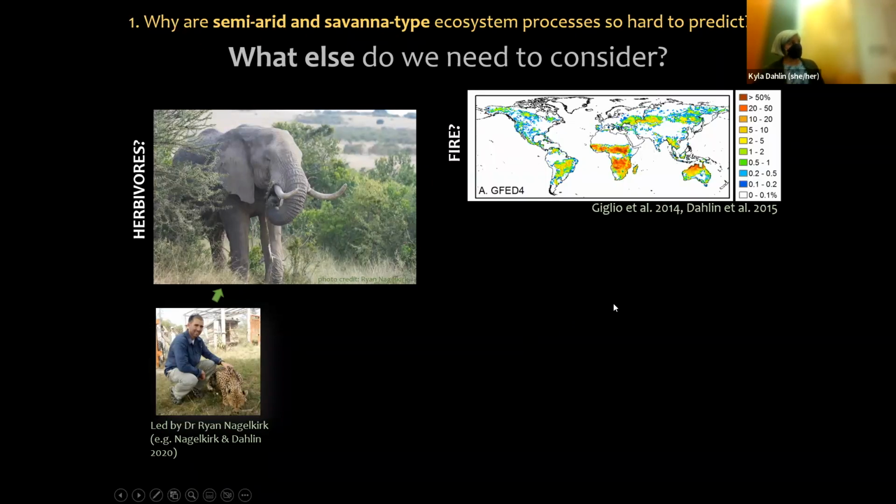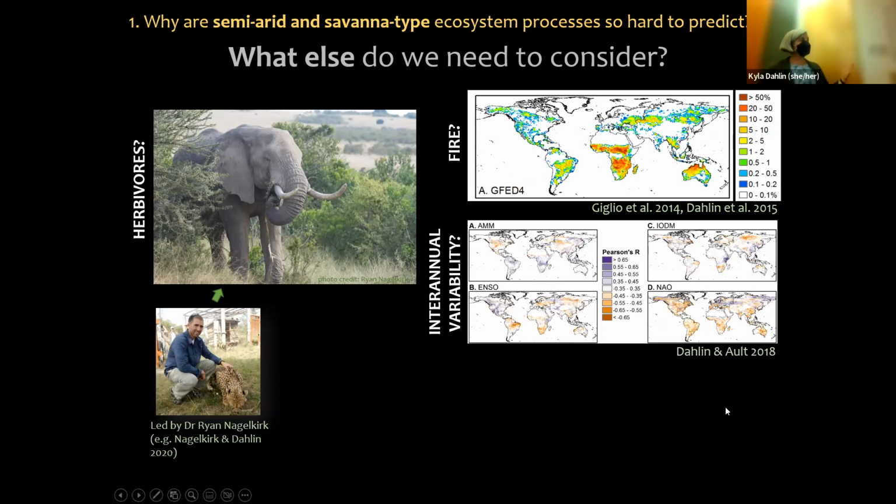Lots of dry systems are also really prone to fire, as I'm sure you all know, living here. Thinking about the impact of fire, especially in Africa, I'm always amazed by how much fire impacts these areas on an annual basis. There are also really cool longer term feedbacks with climate processes like El Nino.